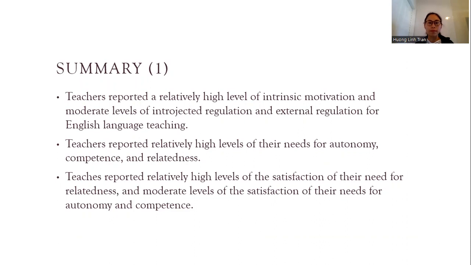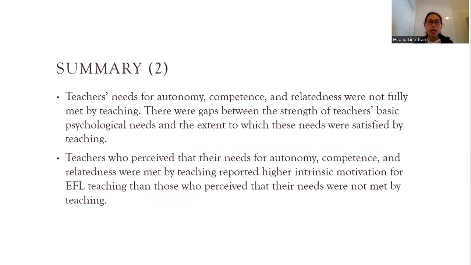Teachers reported relatively high levels of their needs for autonomy, competence, and relatedness. And finally, teachers reported a relatively high level of satisfaction of their need for relatedness, but a moderate level of satisfaction of their needs for autonomy and competence. Teachers' needs for autonomy, competence, and relatedness were not fully met by teaching.